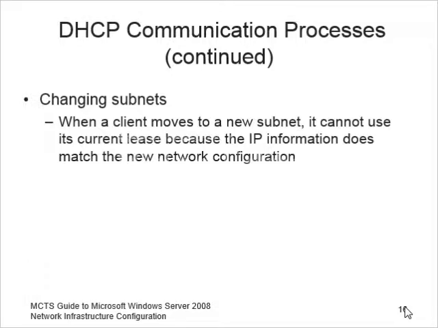When the server receives the broadcast, it compares the address that the client is requesting with the scope configured on the server and the subnet. If it's not possible to satisfy the client request, the server issues a DHCP NAK message, and the DHCP client then begins the lease acquisition process again.